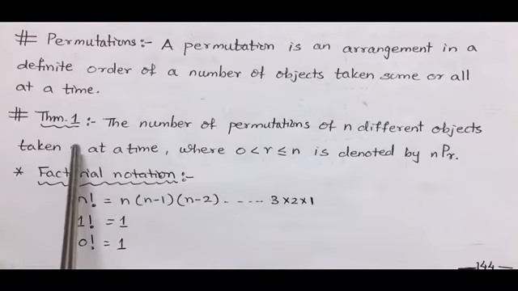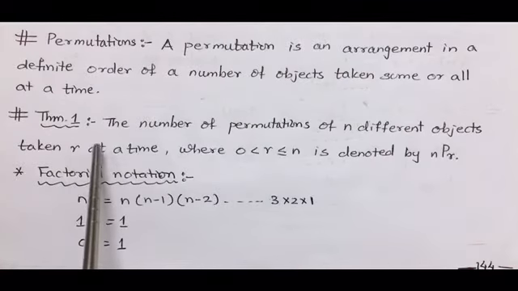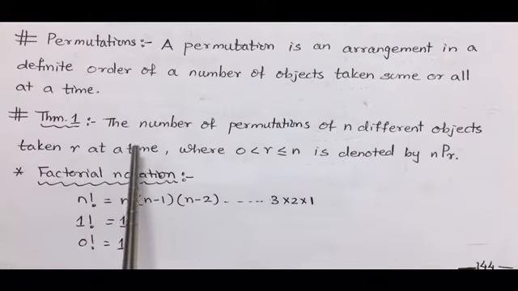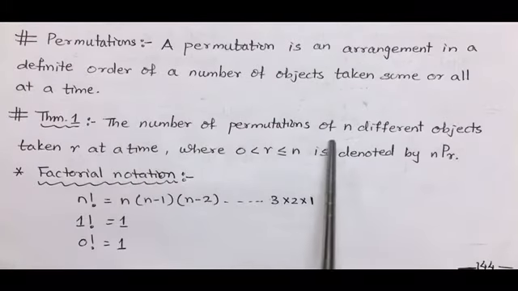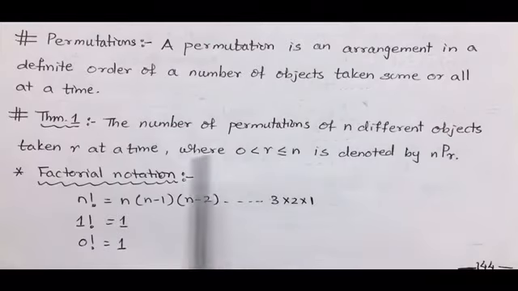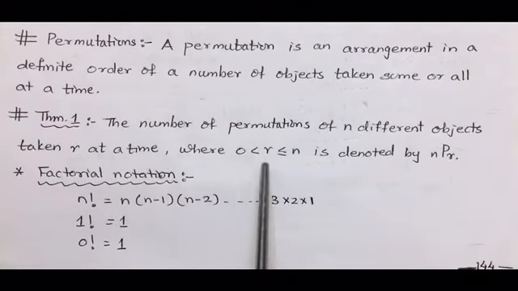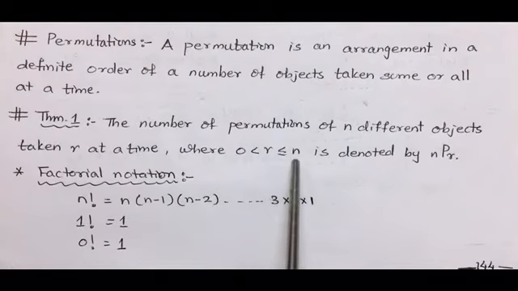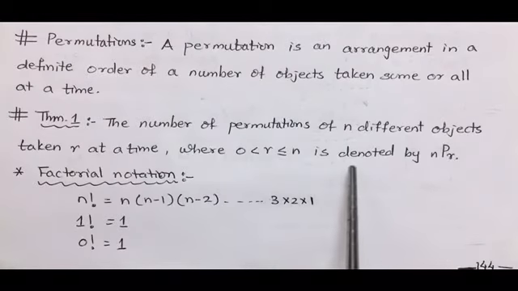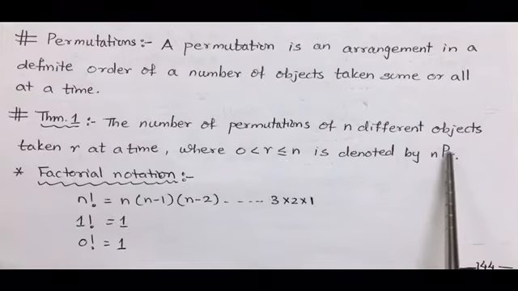Now theorem number 1, it says that the number of permutations of n different objects taken r at a time, where 0 is less than r is less than or equal to n, is denoted by nPr.